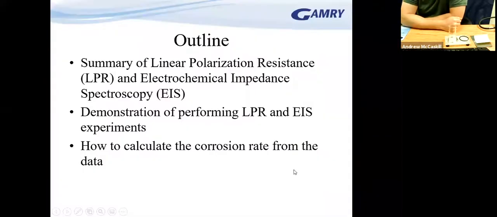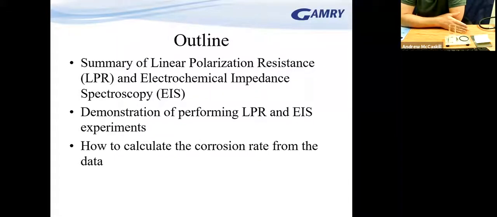But basically what we're going to do, we'll do a quick little summary of what the 2 techniques are, and then also talk about how we're going to take the data we get from the experiments and figure out what the polarization resistance is, the corrosion current, the I corr, the corrosion related to the current you would see during the open circuit potential, and then how we're going to calculate the actual corrosion rate from those 3 different values.